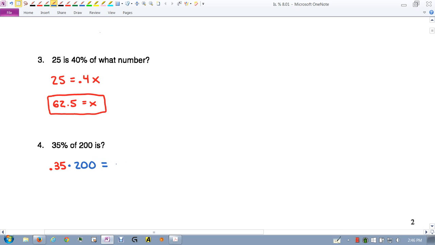What is that equal to? So just call it x. You don't have to isolate x, you just need to do the multiplication. What is that? Careful, your percentage must go to a decimal. What is it? 70.